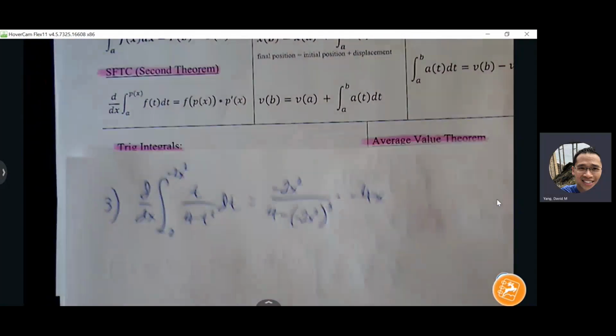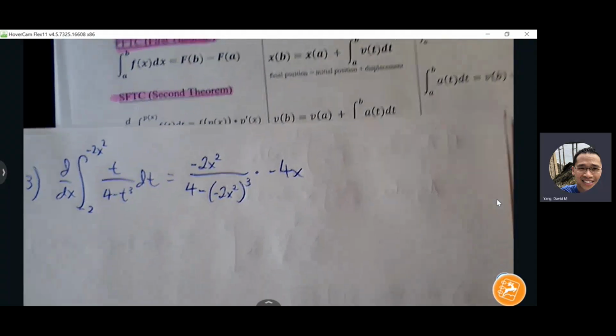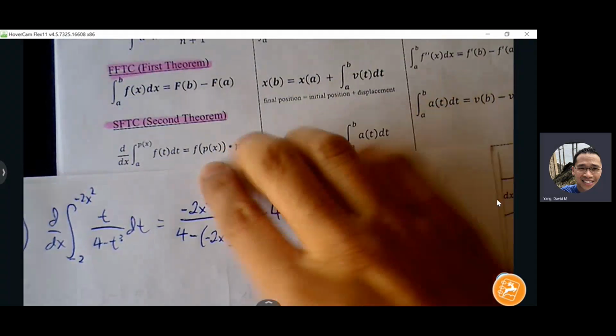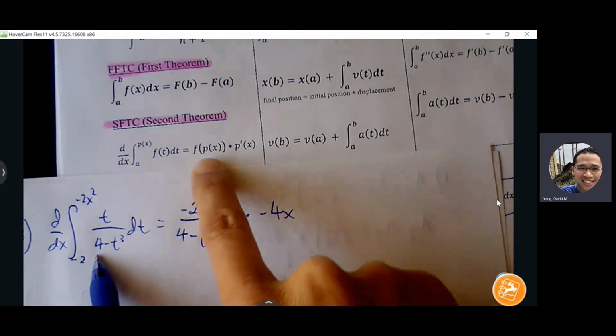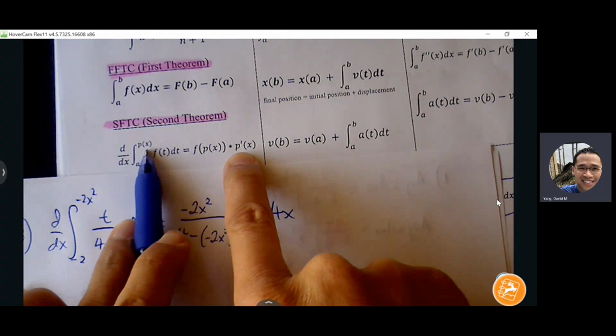So we're just following what this rule says, right? F of p of x, that just means inserting my upper bound into the function. That's what I'm doing here, multiplied by the upper bound's derivative.